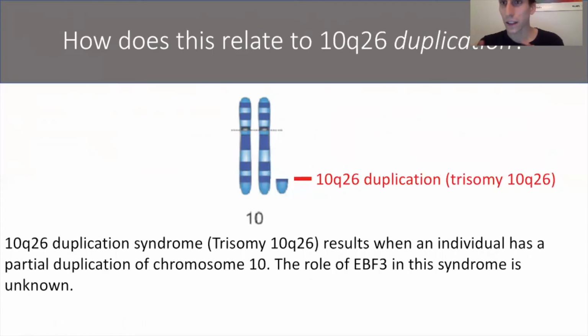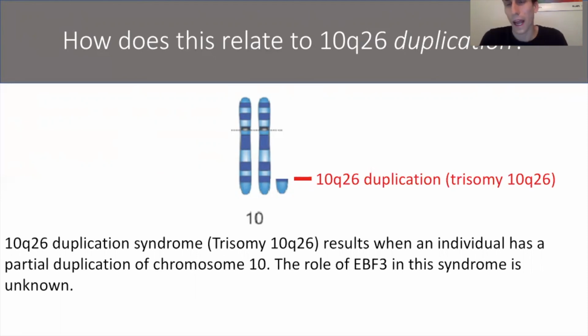A related disorder is 10q26 duplication syndrome. This occurs when we inherit an extra copy of 10q26. Right now, this is a pretty well characterized syndrome, but the exact role that EBF3 plays in this is not yet known.